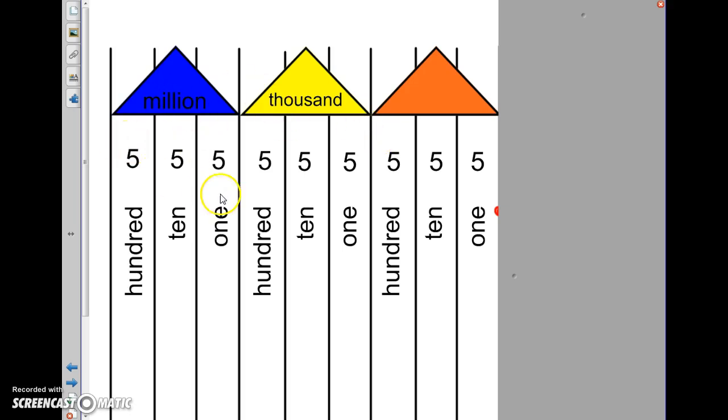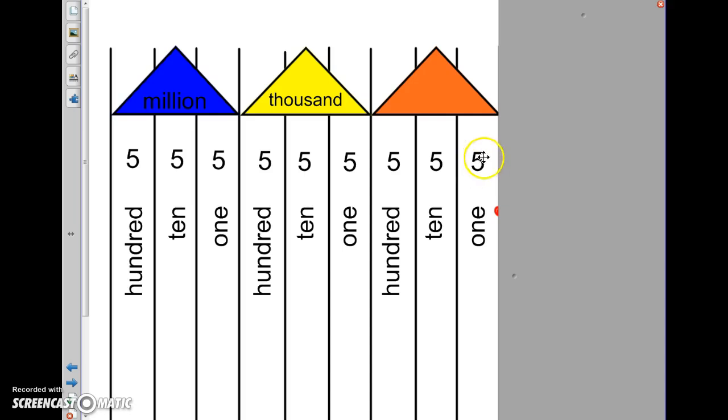And then in the millions, same kind of thing. We've got 5 ones is 5, 5 tens is 50, 5 hundreds is 500, but our last name is million. So here, if we read this whole entire thing, it'd be 555,555,555.